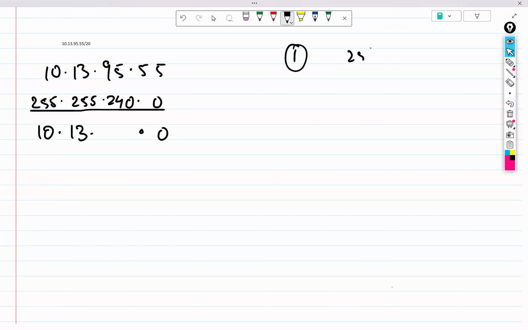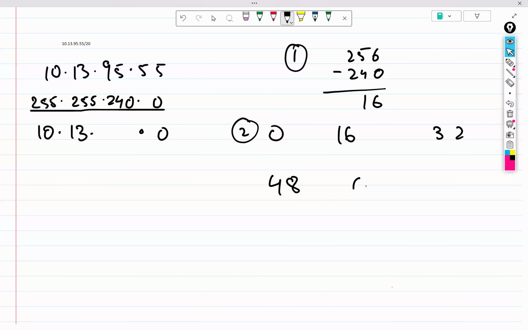The first step, 256 minus 240 gives us 16, right? Then write the multiples of 16: 0, 16, 32, 48, 64, 80, then 96.